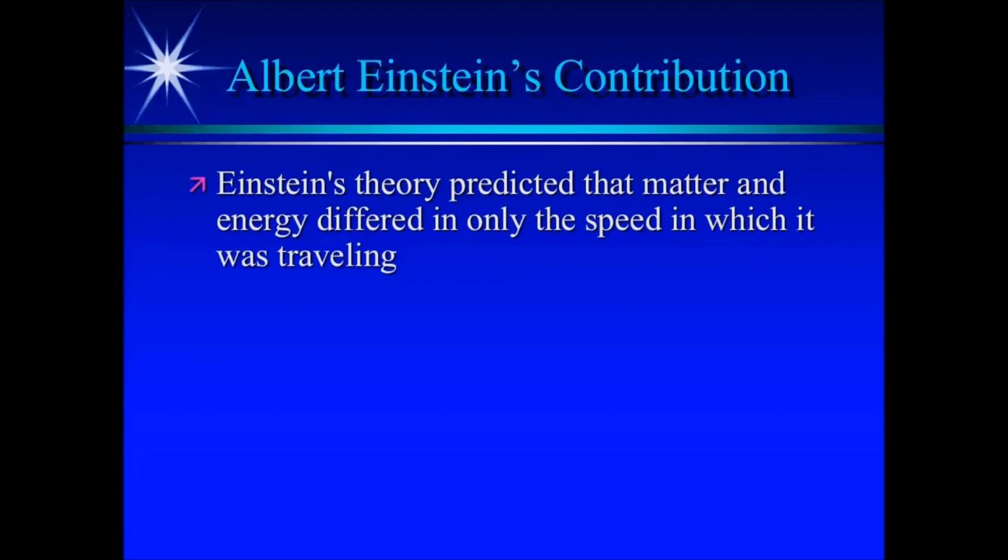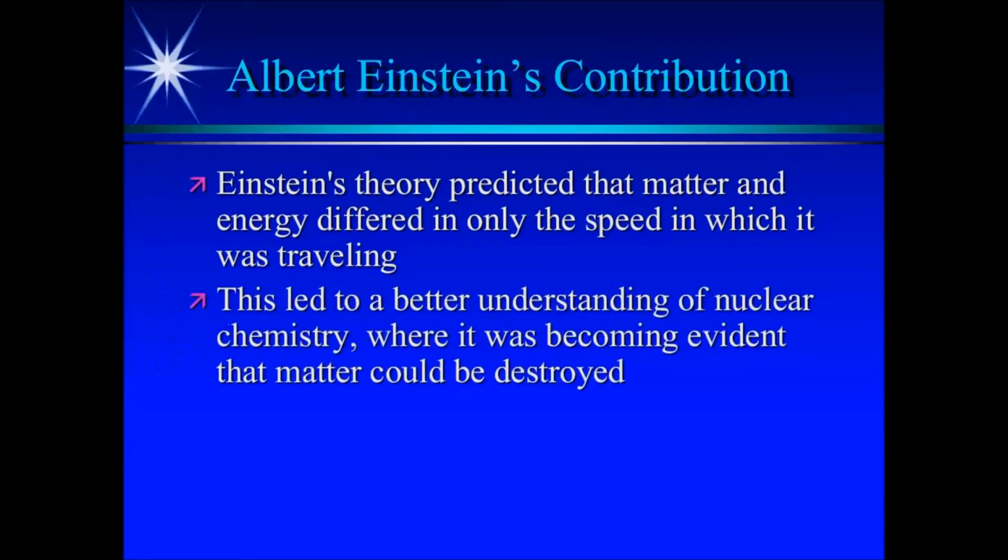Einstein's theory predicted that matter and energy differed only in speed. So, in essence, matter is slow energy, and energy is fast matter. This helped us to explain what was going on, because in a nuclear reaction, matter is being converted into energy.